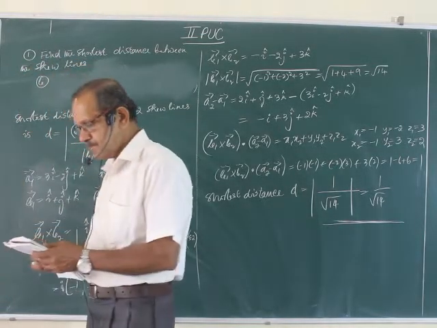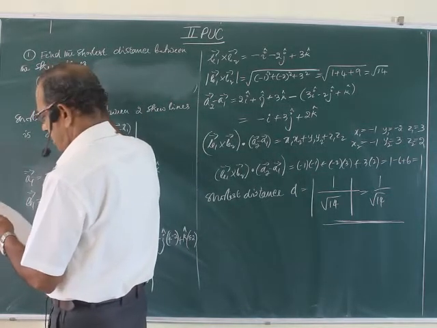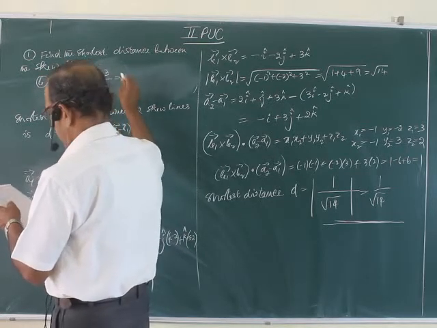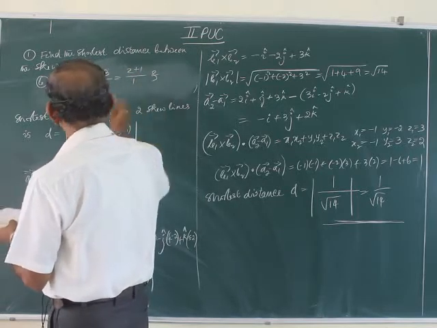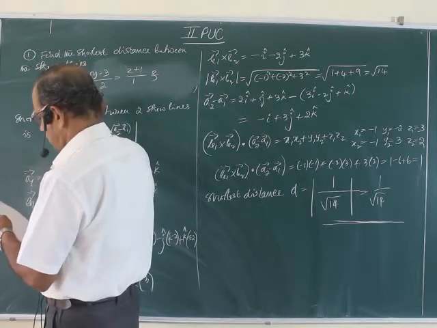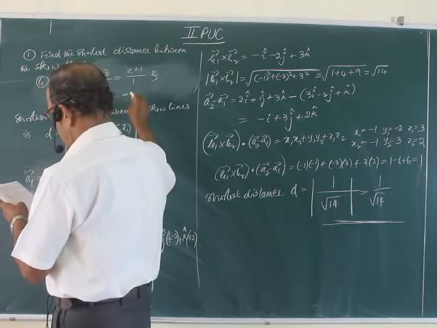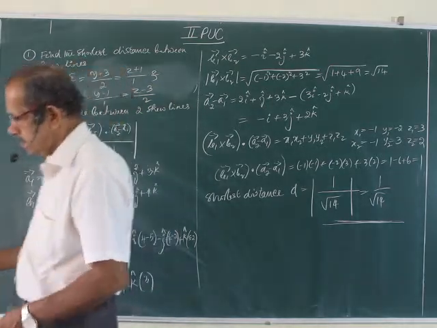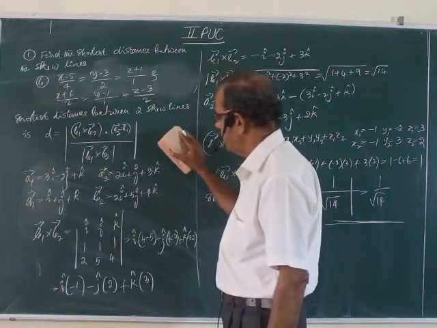B is x minus 5 by 4 equal to y minus 3 by 2 equal to z plus 1 divided by 1, and x plus 6 divided by 2, y minus 1 divided by 1, z minus 3 divided by 2. Find the shortest distance between these two lines.